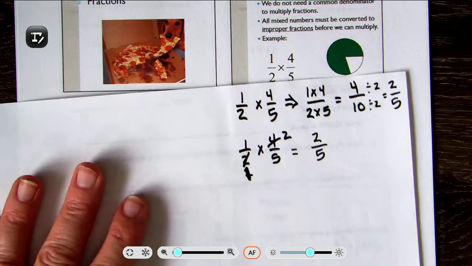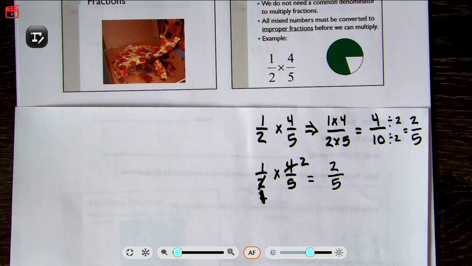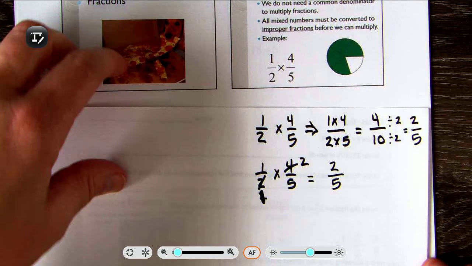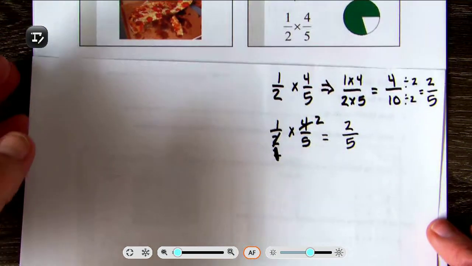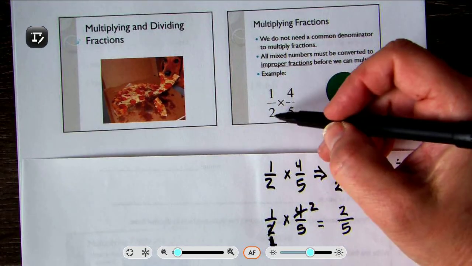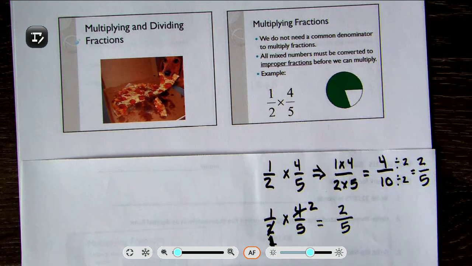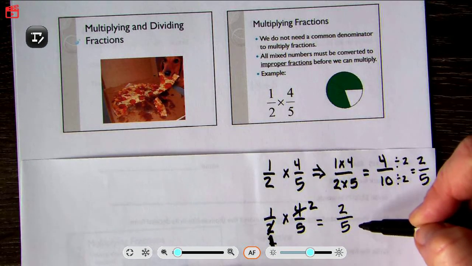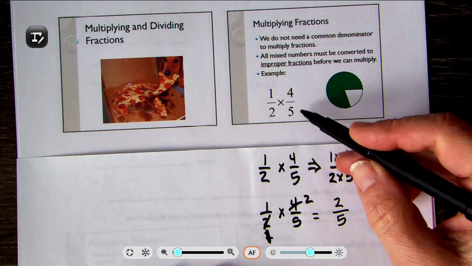Here we are changing the size of these pieces. If you think about this, we want half of the 4/5. So half of 4/5 makes sense, 2/5. Half of 4 is 2.